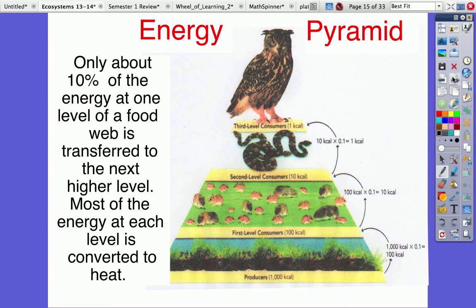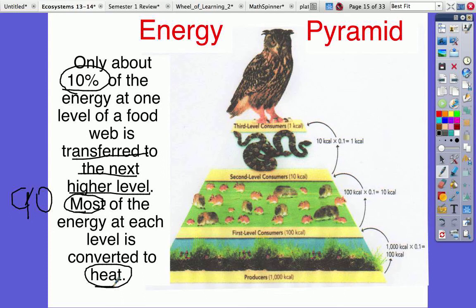When we look at an energy pyramid, which is this right here, we have the 10% that is actually stored to be transferred, and then most of that energy, that 90%, is converted to heat, which is through life processes.